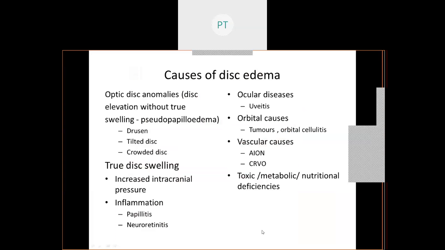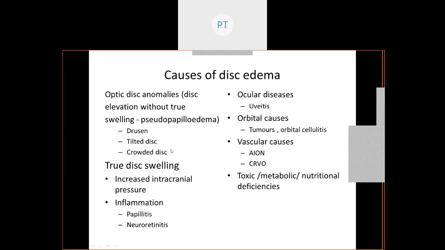So what are the causes? First, what is disc edema? Okay, so with optic disc edema, you have to differentiate true edema from pseudopapilledema first. The causes of pseudopapilledema can be optic disc drusen, any tilted disc, any crowded disc.